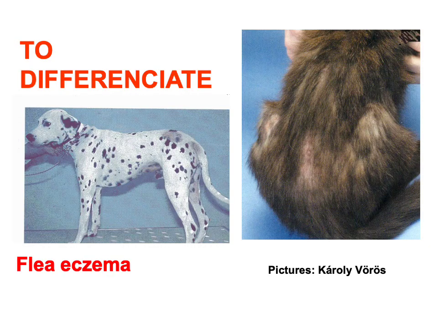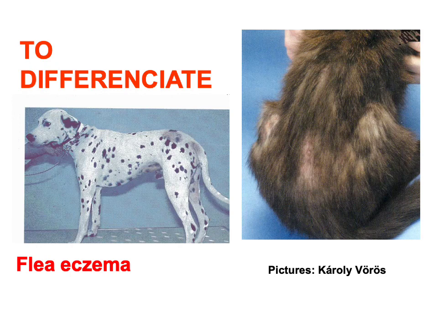The most important in the differential diagnosis of the allergic skin problems is the flea eczema, which is caused by the flea saliva, and this is similar to the skin problems. May cause a loss of hair. This is symmetric on the body.